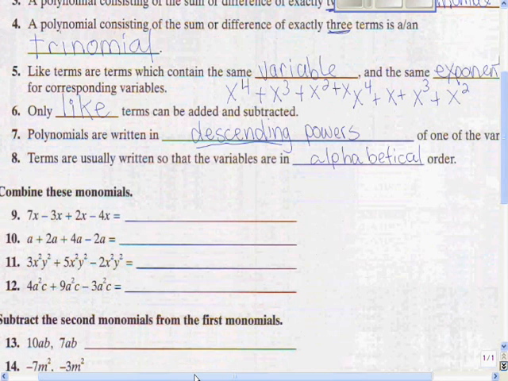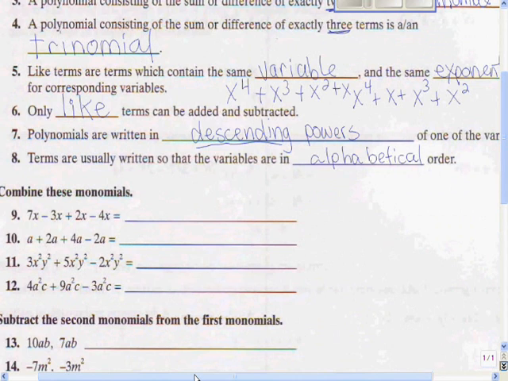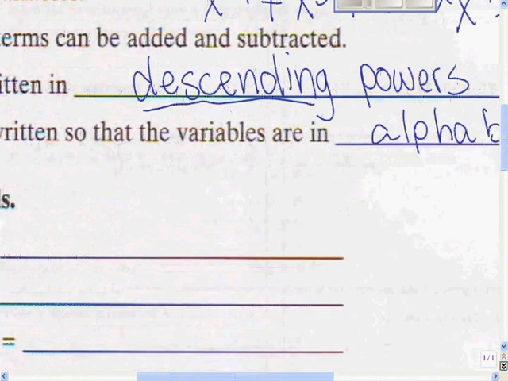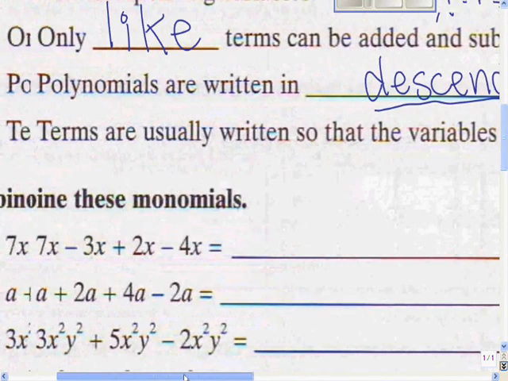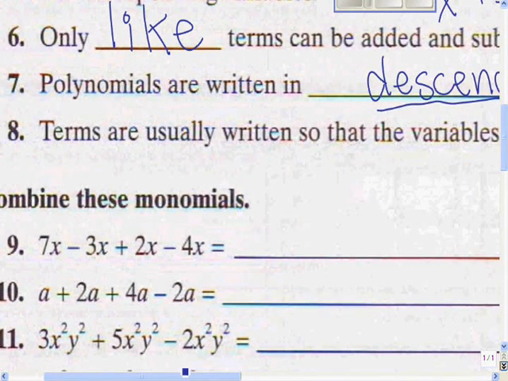Well, you know already that you can only combine like terms, and you also know that when the signs are different, you subtract, and when the signs are the same, you add. So let's see if you can do these in your head. Hopefully you can. Let me make this a little bit bigger so that it won't be so blurry. Okay, here we go. Is that better? I hope it is.